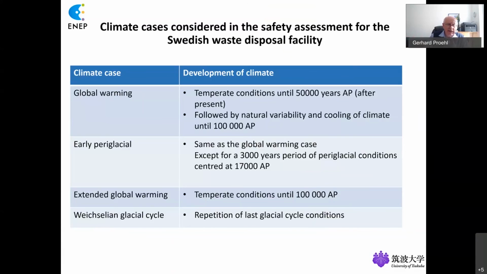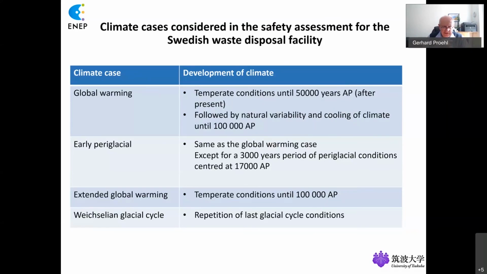This means we may have an ice age earlier than the normal cycle of ice ages would make you expect. It's the same as the global warming phase, but for a period of 3,000 years there are very glacial conditions at about 17,000 years after present. And the extended global warming: we have temperate conditions until 100,000 years from now.